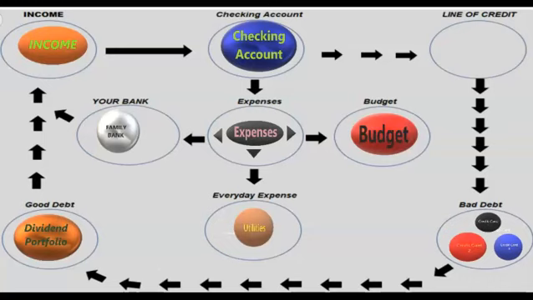So don't get confused. Just bring up this chart, and you categorize your expenses. You've got your budget, you've got debt. When you're looking at your debt, this credit card can be put in different places. It could be an everyday expense, it could be budget, it could be debt.